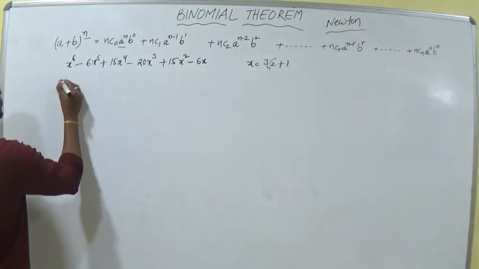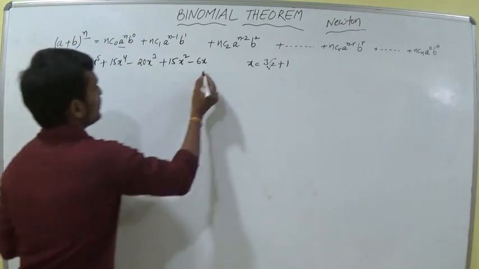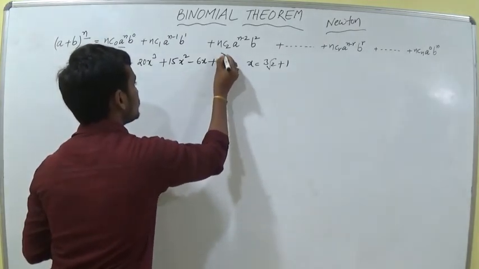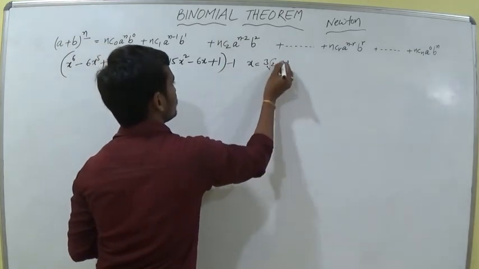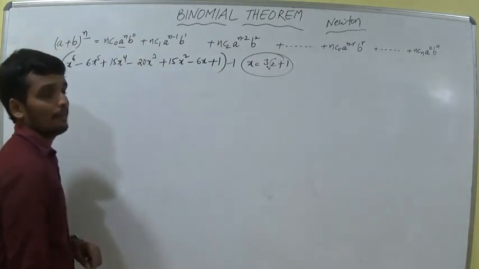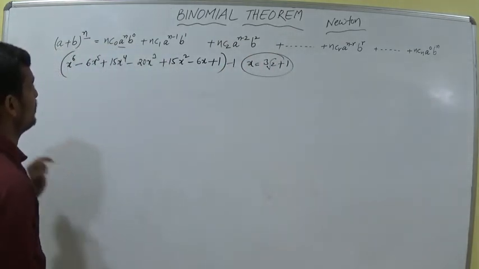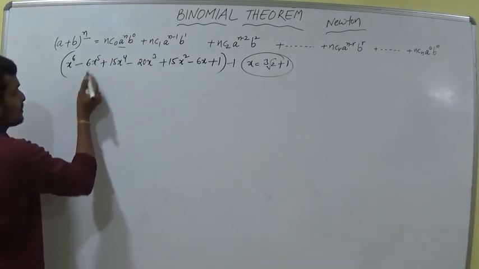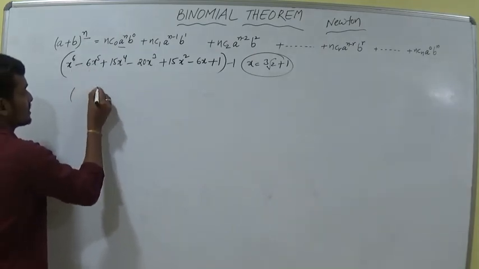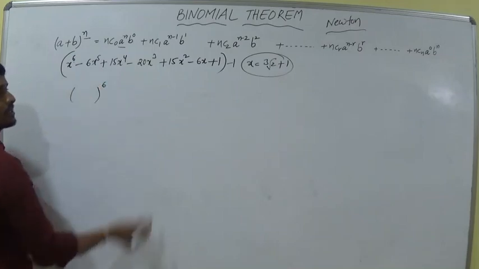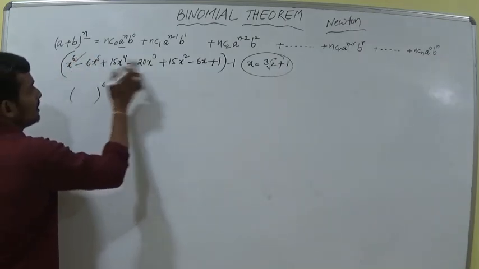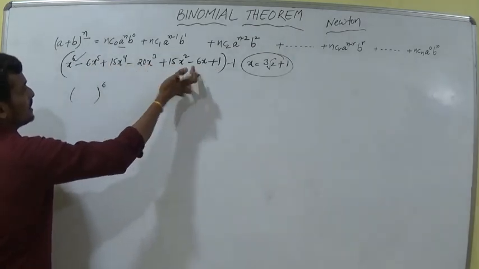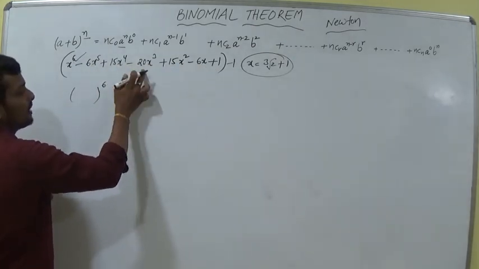For example, in this problem I add plus 1 here, keep all these terms in brackets, and subtract 1. Now the problem becomes clear. The exponent is 6 because the highest power is 6. And the same way, the coefficients are 1, 6, 15, 20.